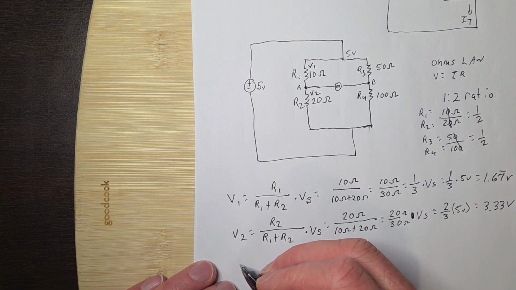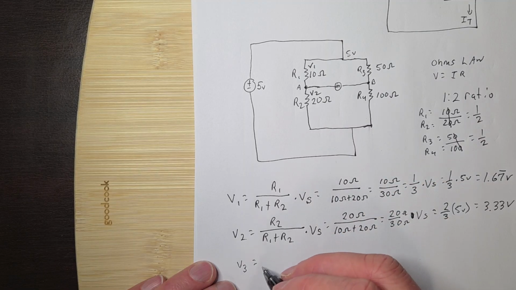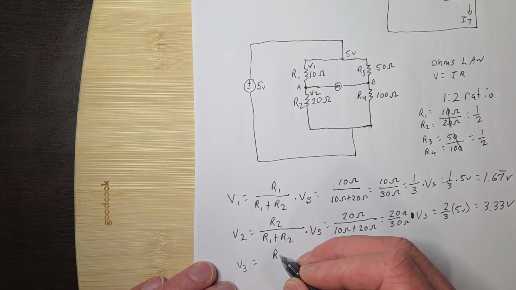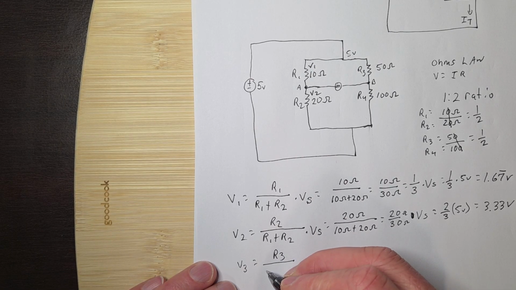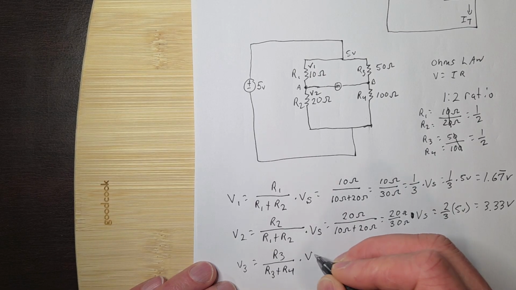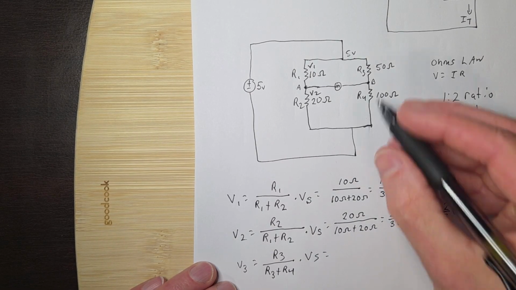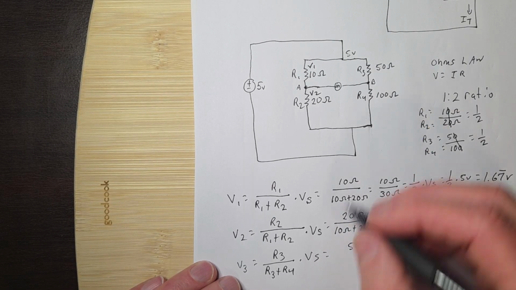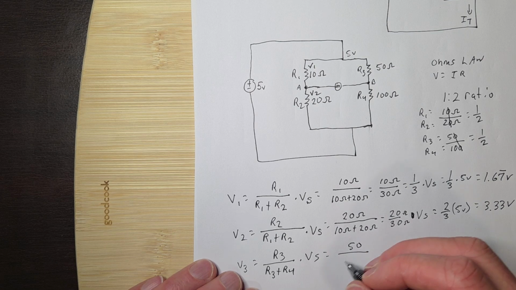So if I wanted to say V3, then V3 is going to be R3 over R3 plus R4, times Vs. So that's going to equal R3 is 50 over, well, 150, because it's 50 plus 100. I don't want to jump too far ahead of myself.